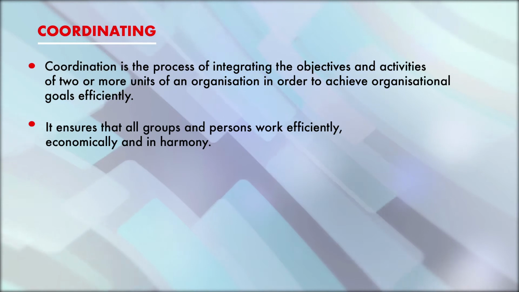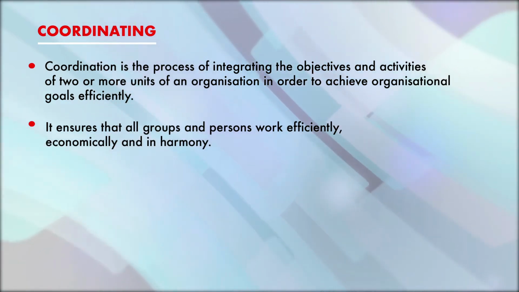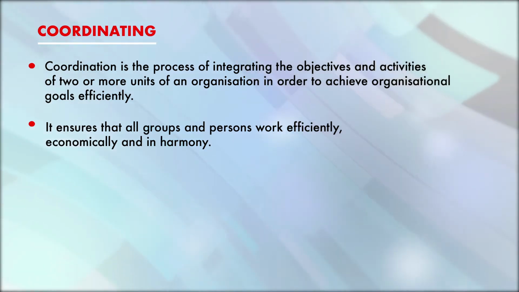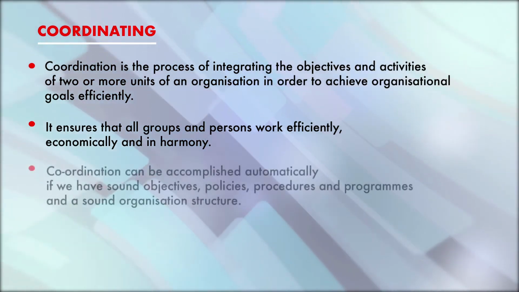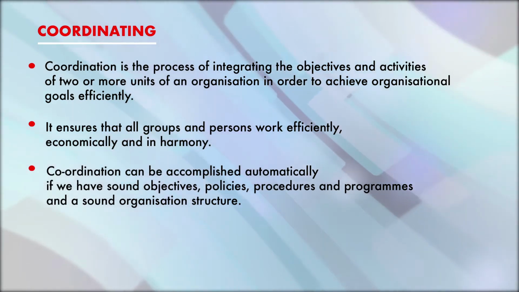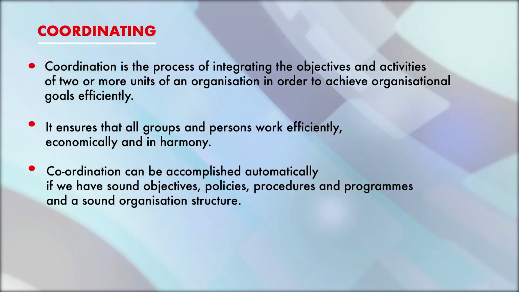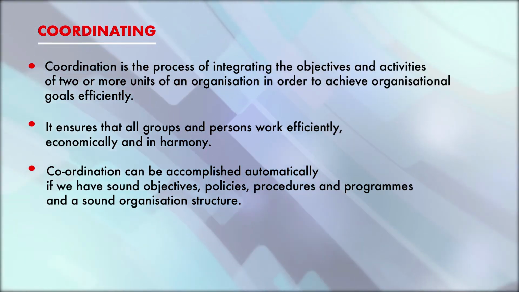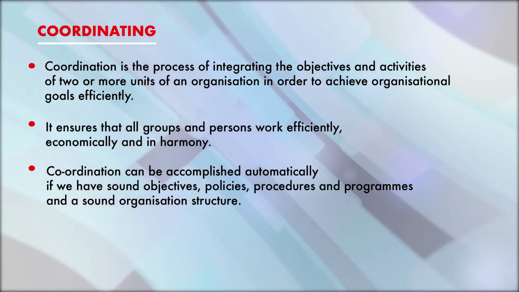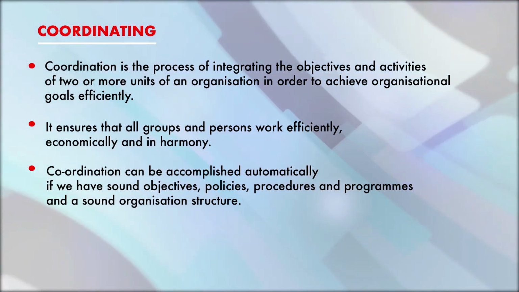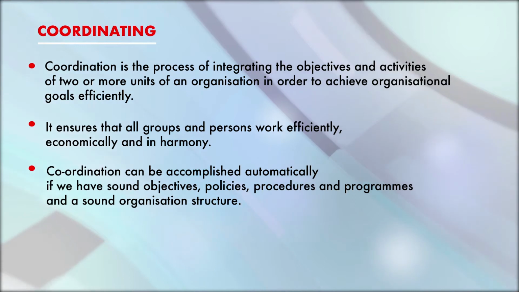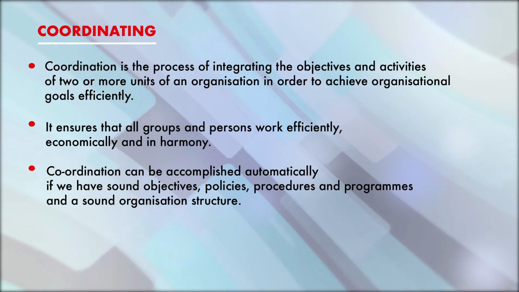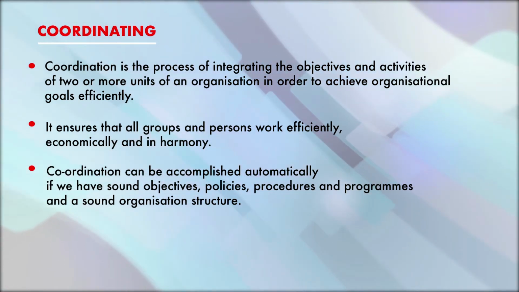It ensures that all groups and persons work efficiently, economically and in harmony, which means they work like a team. Coordination can be accomplished automatically if we have sound objectives, policies, procedures and programs and a sound organizational structure. Unbiased decisions from the managers or the authorities are also needed for proper coordination among the staff.